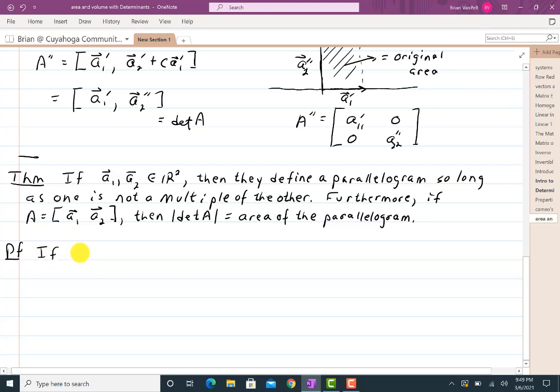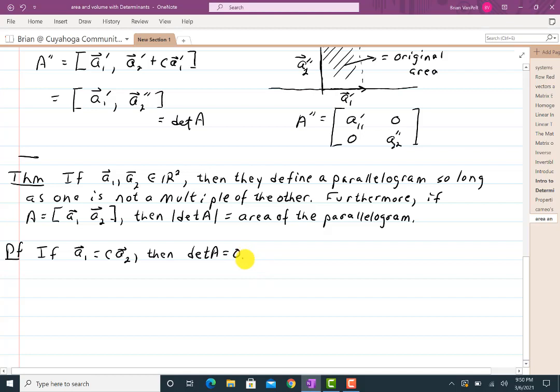If A1 is a multiple of A2, then the determinant of A is equal to 0, because whenever the columns are linearly dependent, we get the determinant equal to 0.